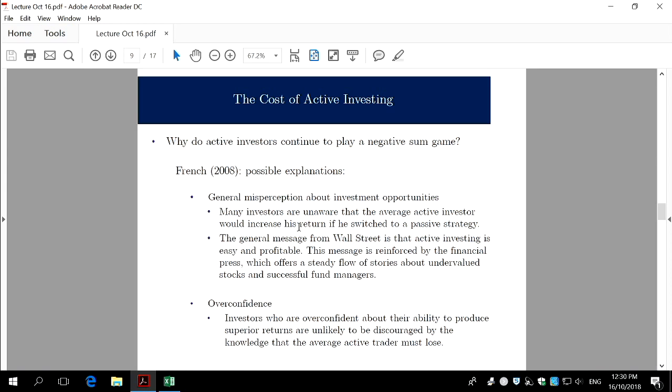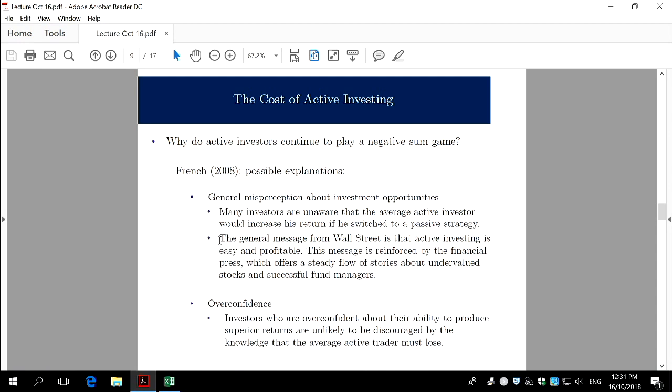So they just don't know that if they switch to passive strategies, they can have a higher return on average. This is a simple fact, but many people don't know. So they are unaware of that.